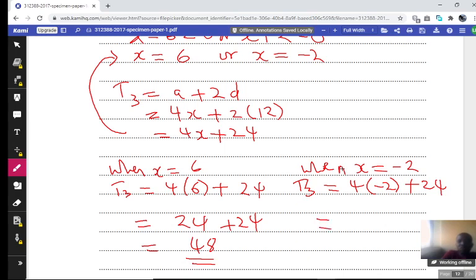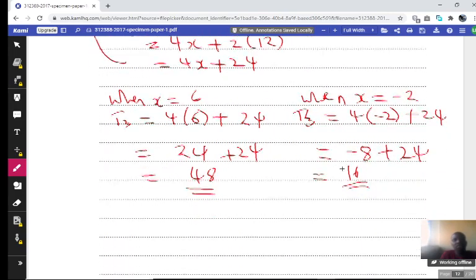So it is equal to minus 8 plus 24. Minus 8 plus 24, what do we get? It's 16. So these are the corresponding values of the third term: 48 and 16.